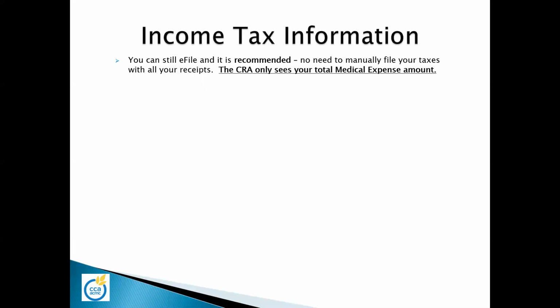So if you had 3 amounts making up your medical expense that you were claiming, like $1,000 for glasses, $1,000 for gluten-free medical expense, and $1,000 for prescriptions, so that's $3,000, when your taxes are submitted, only $3,000 shows. It doesn't show the 3 different categories. So the CRA only sees the $3,000.